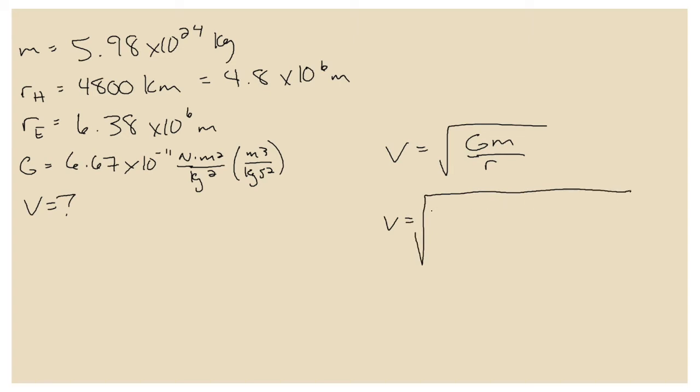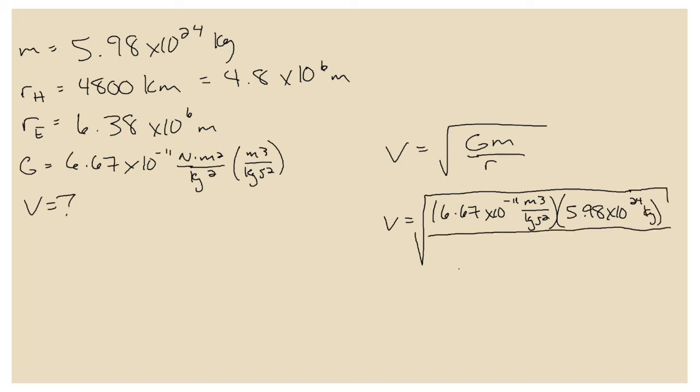And so we're going to have the square root of G, 6.67 times 10 to the negative 11 meters cubed per kilogram second squared, times the mass of the Earth, 5.98 times 10 to the 24 kilograms.